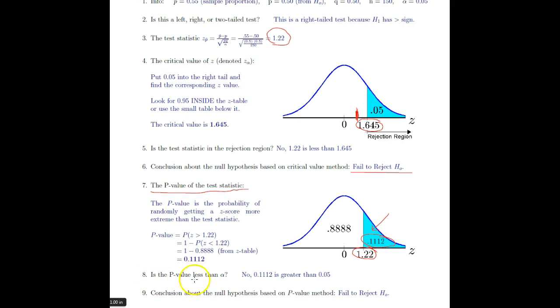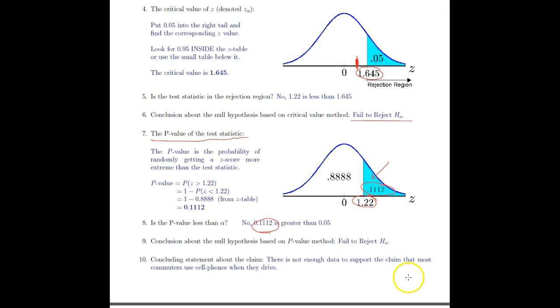If the p-value is less than alpha, then we reject the null hypothesis. If the p-value is not less than alpha, then we do not reject the null hypothesis. So that's why here it says the conclusion is that you fail to reject the null hypothesis.